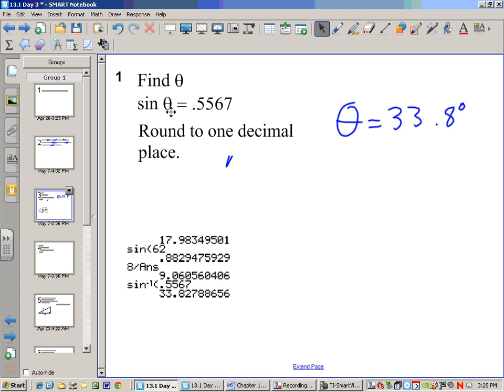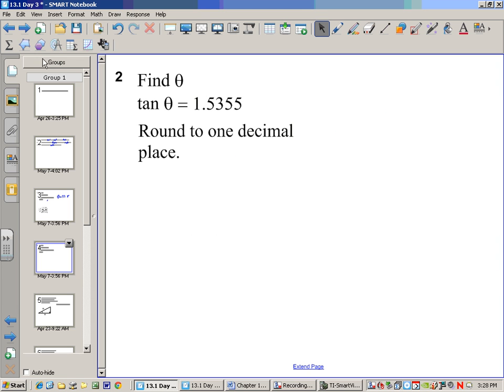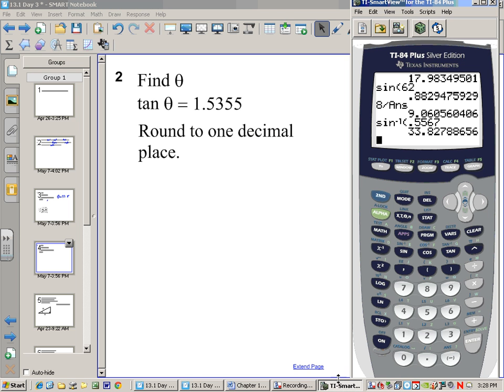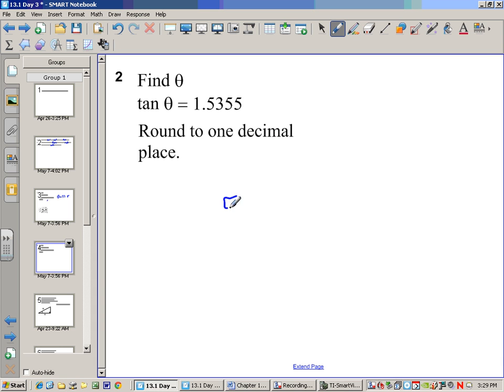So we know that the angle here has to be 33.8. All right, or if tangent of theta equals 1.5355, you do second tangent 1.5355, 56.9 about. So 56.9 is what our theta would be.